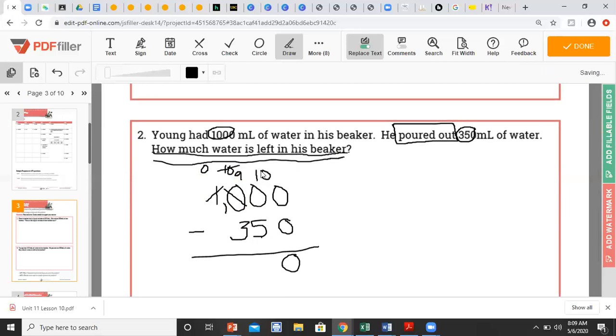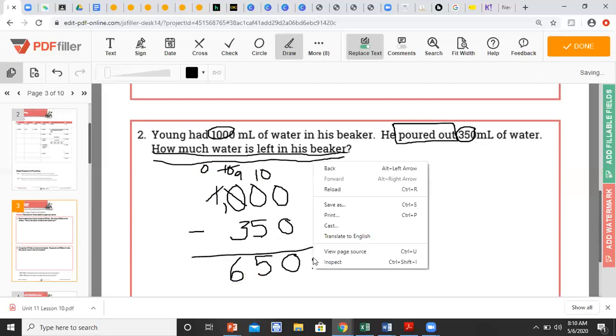Now we can subtract. 10 minus 5 gives us 5, and 9 minus 3 gives us 6. So our answer is 650 milliliters.